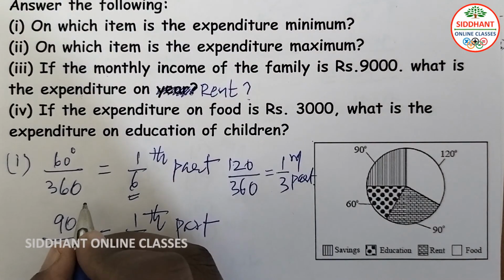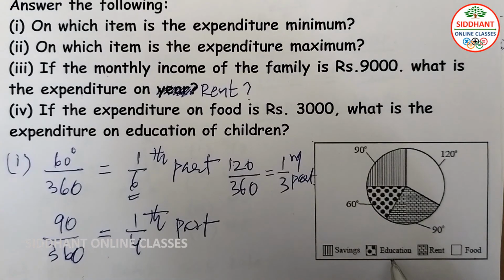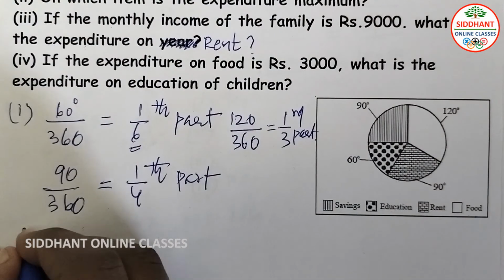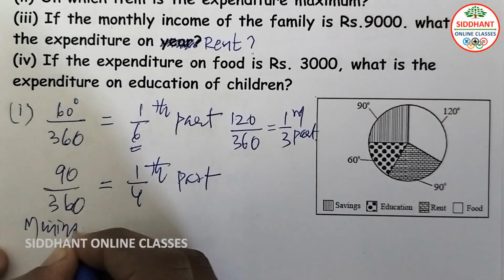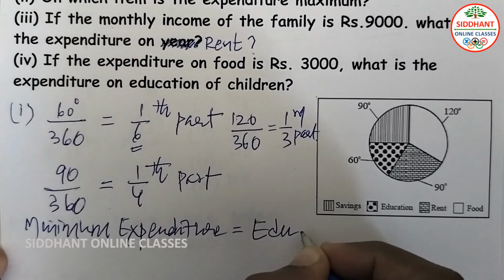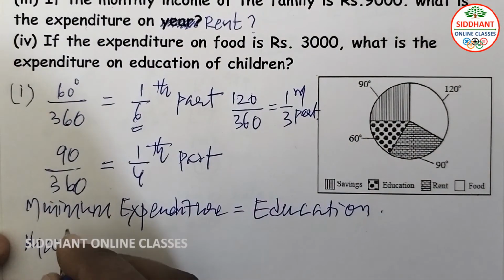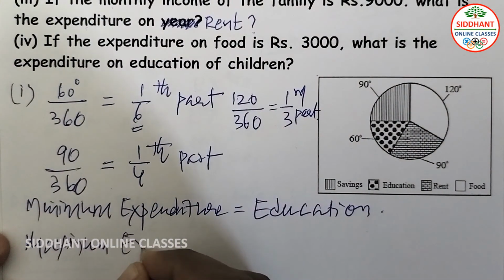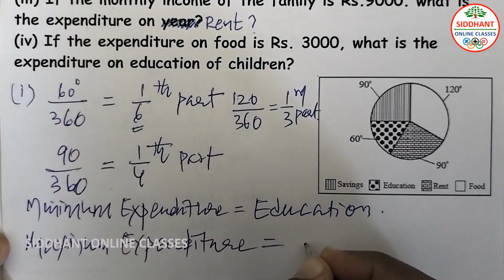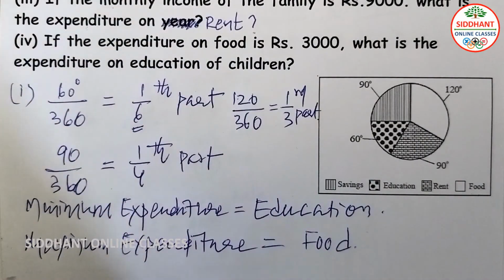So your answer: the item with minimum expenditure is education, and the item with maximum expenditure is food.